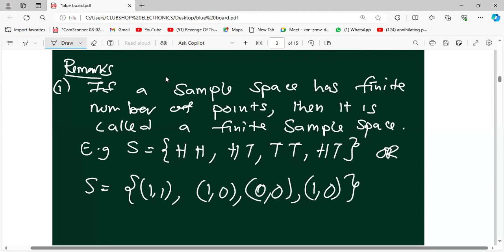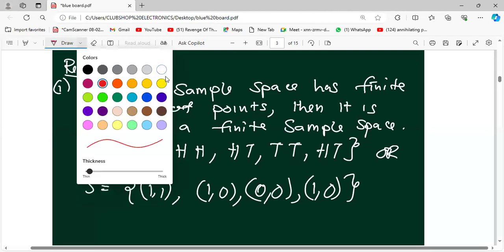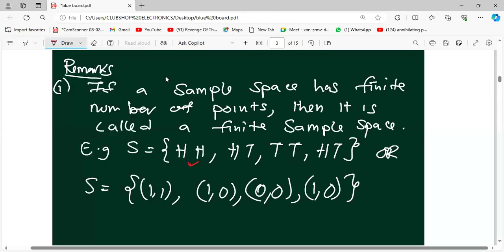Because we have finite points, when you count 1, 2, 3, 4 elements, it means this sample space is called a finite sample space.